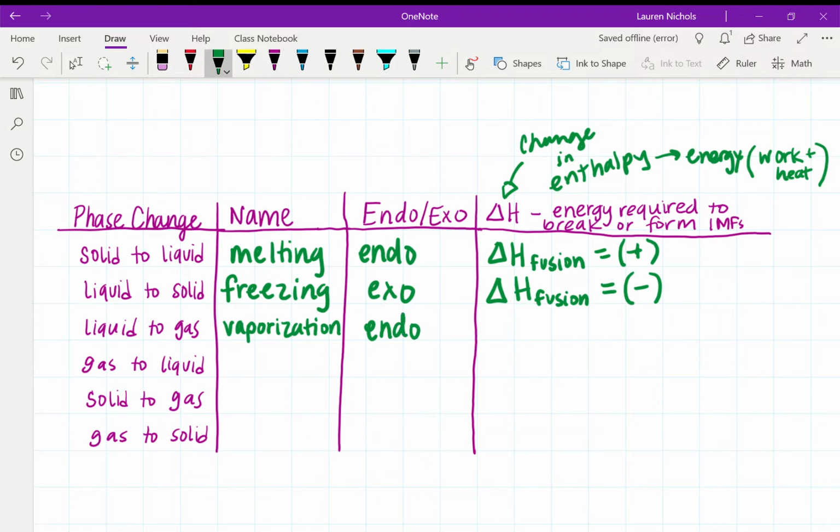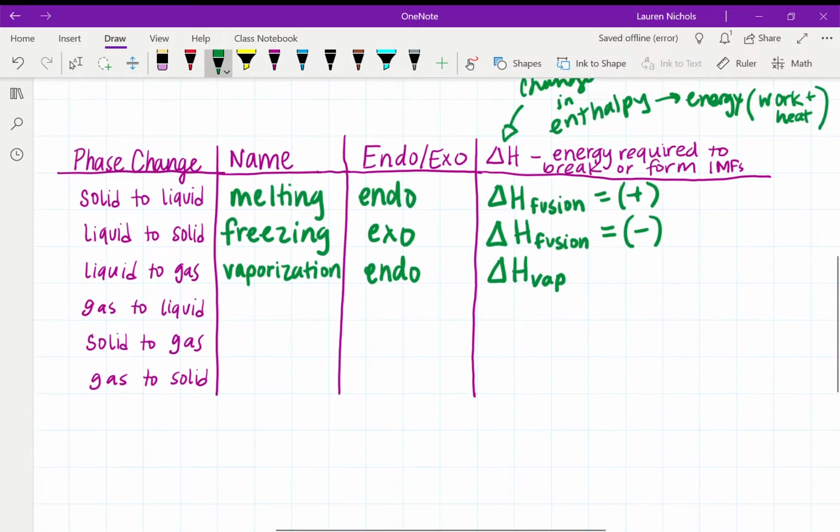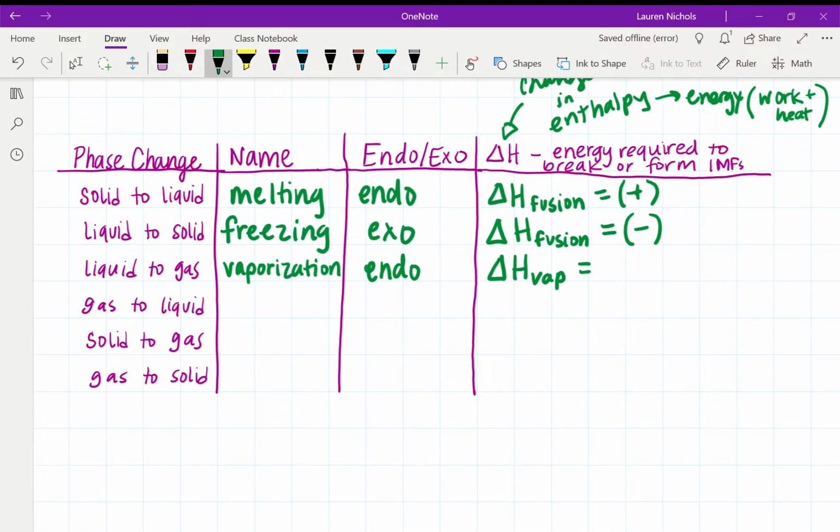You cannot boil water if you're not putting heat into it. We call this enthalpy delta H of vaporization, which we abbreviate as vap. Because it's endothermic, this is the amount of energy and work that is positive, it's absorbed.